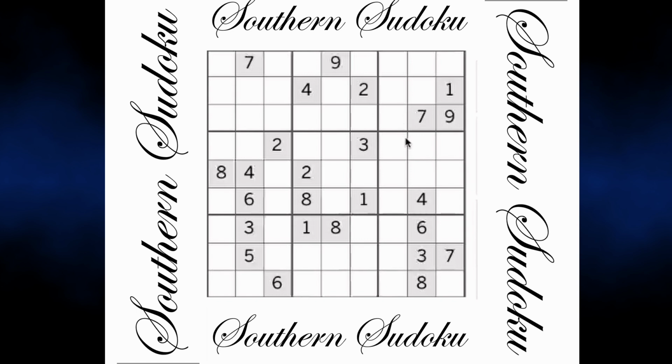Right, I see a couple of things right off the bat. Number one, we have sevens here, so that has to be a 7. And then because of these two, we know the 7 is going to be in this column.